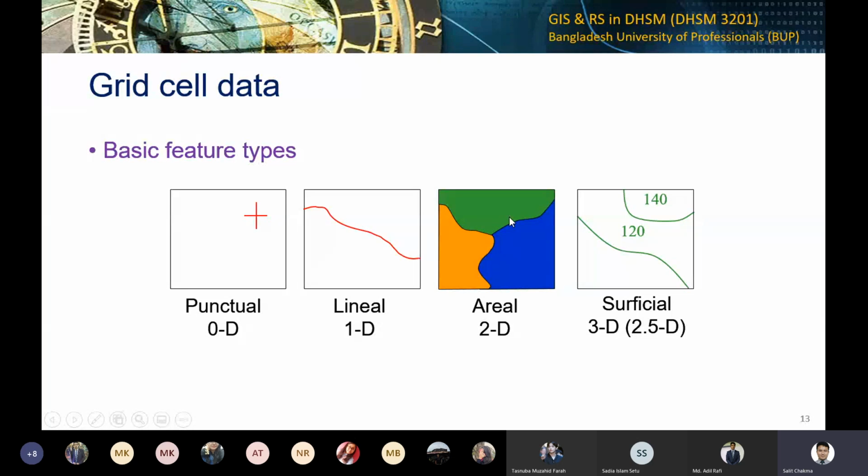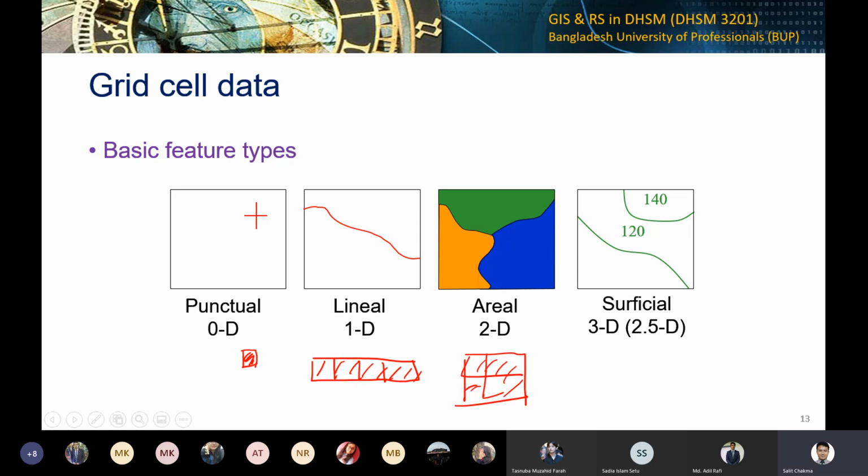Okay. On the other hand, in raster, for a punctual feature, you represent it with one single cell. That's punctual. And if it's lineal, you represent it with a series of cells. That's linear. If it's area, then you represent it with a cluster of cells.